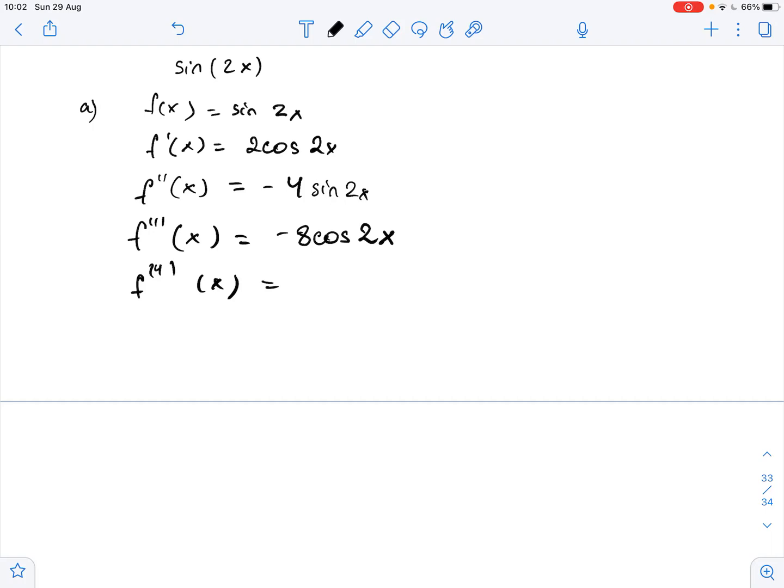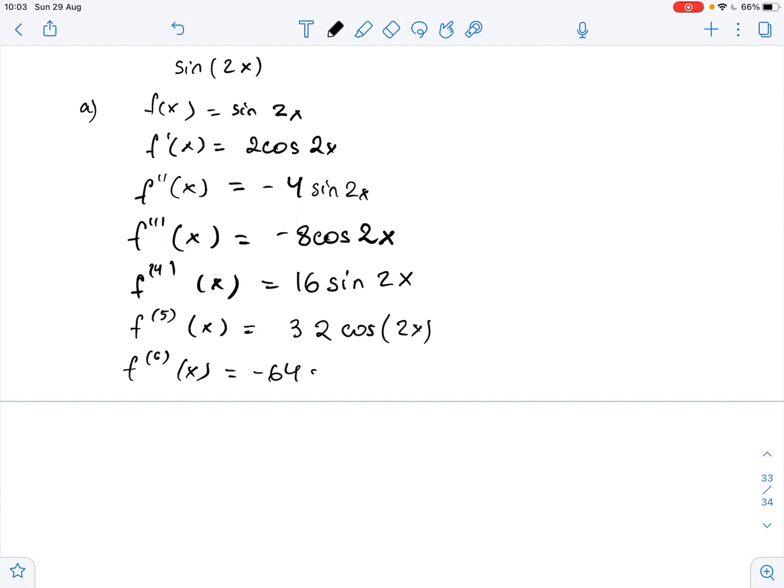then the fourth order derivative of f of x equals 16 times sine of 2x. Then the fifth order derivative of f of x equals 32 times cosine of 2x.